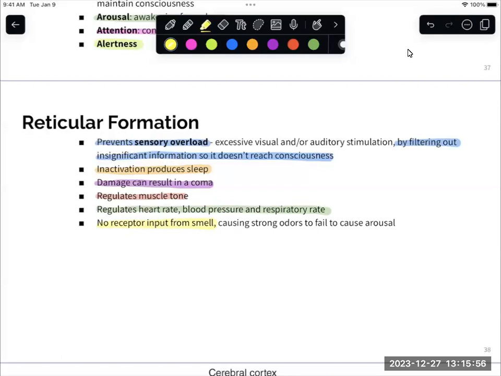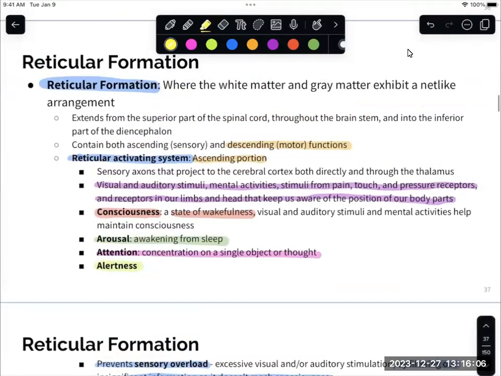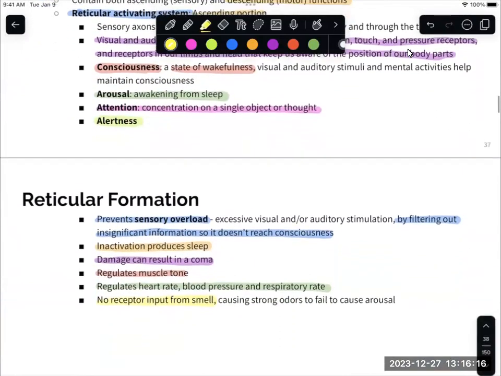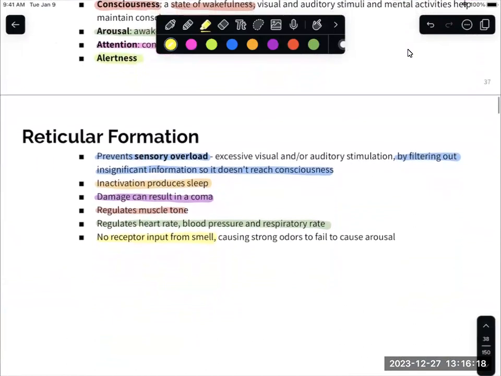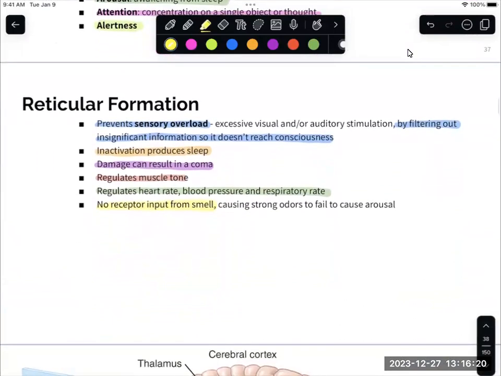So the smell of smoke will not wake you up from sleep because there is no input from smell. We have input from hearing, we have input from taste, sound. No input from smell. So smells cannot wake you up.